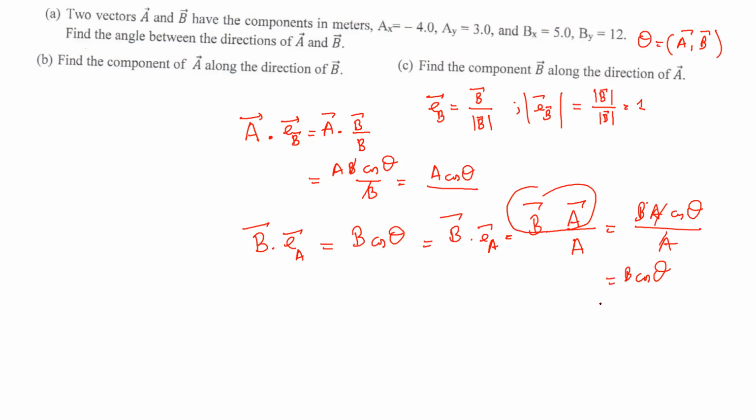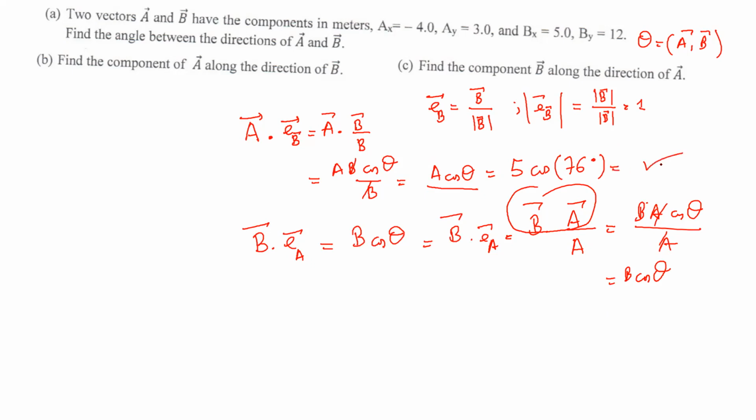Now, this is easy. I know the magnitude of A is 5, cosine theta. I calculated theta before, so 76 or 75.7.